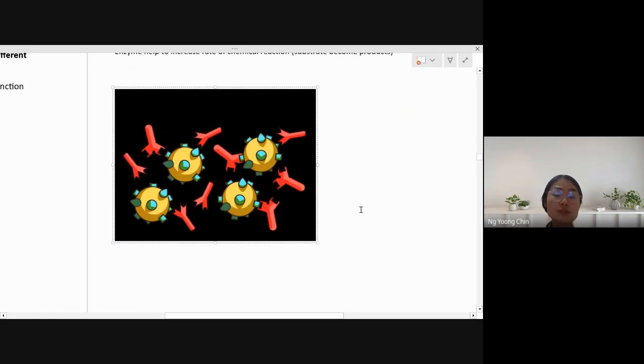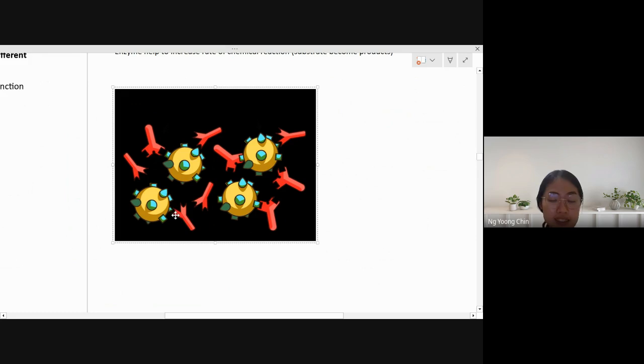Yes, you can have a look. I don't know why I cannot draw on my laptop. I'm so sorry about this. This Y shape is the antibody. This yellow color is the pathogen, and the blue color found on the pathogen refers to the antigen.